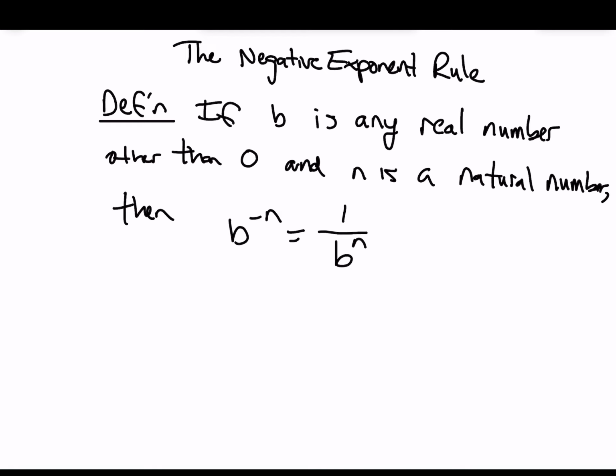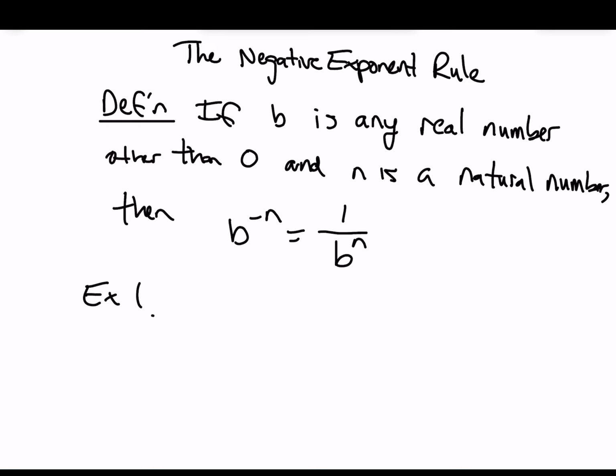So basically what this says is if you have some real number base raised to a negative exponent, you do the reciprocal and you change the exponent to a positive number. Okay, so let's try that out and see what it looks like.